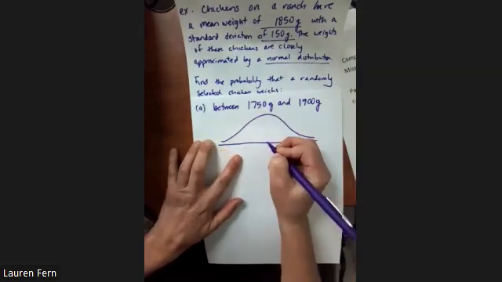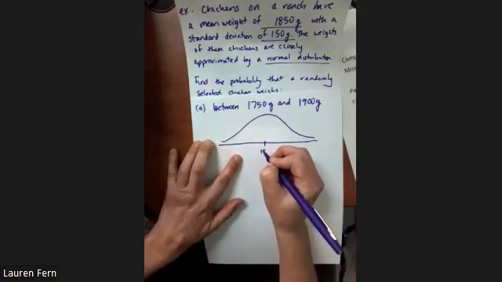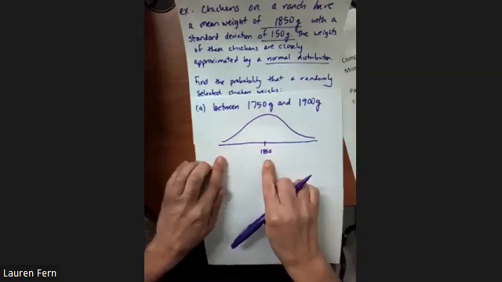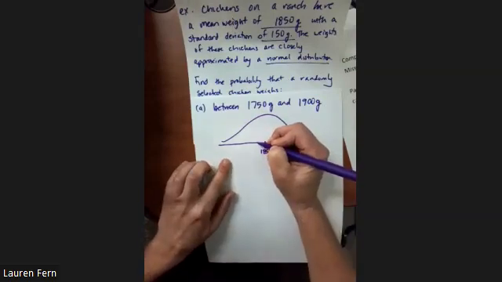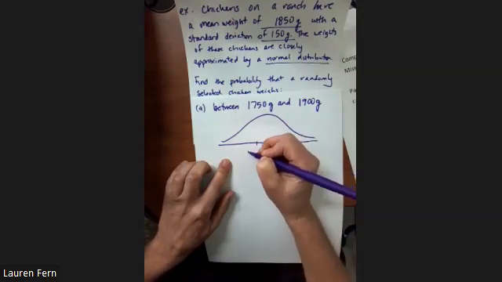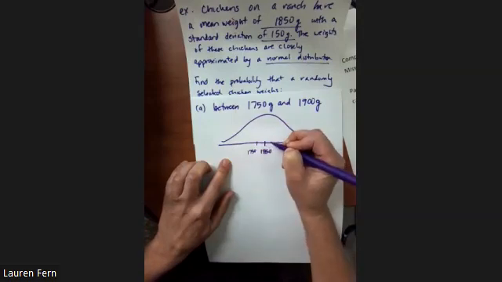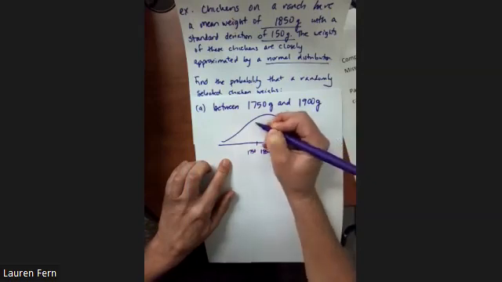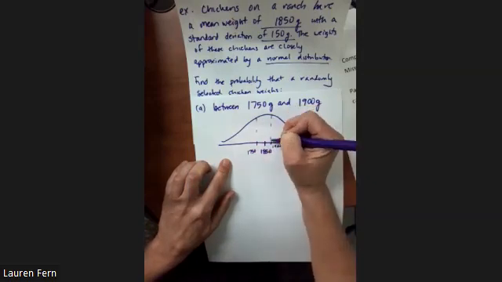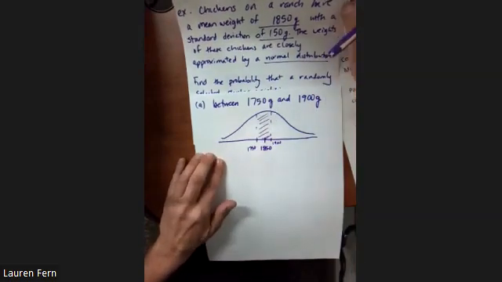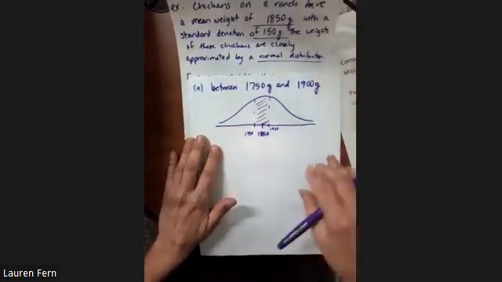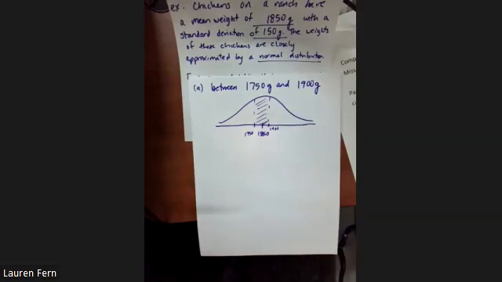Now, what I like to do when I draw my pictures is I like to put my mean right in the middle. And notice I want to find the probability that it's between about 1,750 and 1,900 grams. So that's the region that I'm finding the area of. Y'all with me?